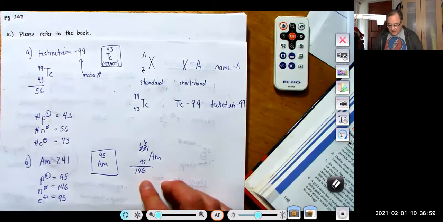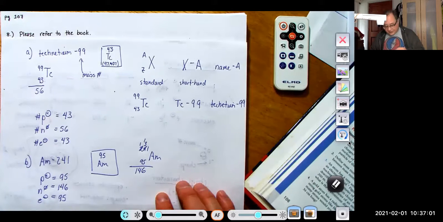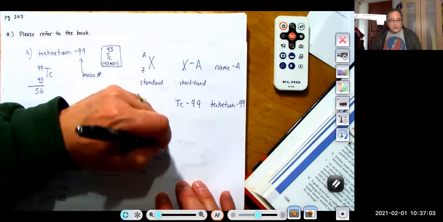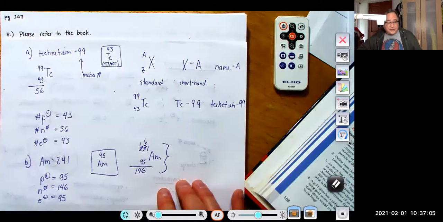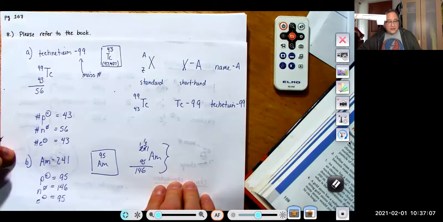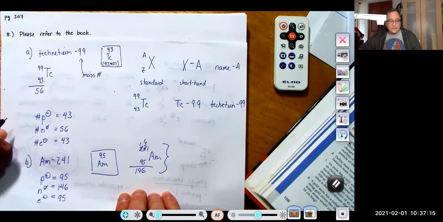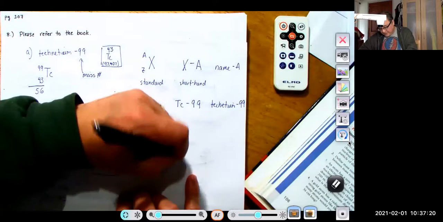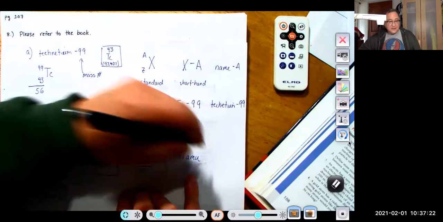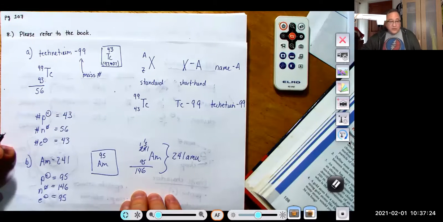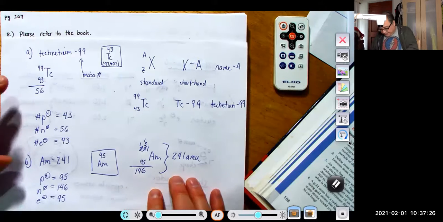So there we go. Now, this is not a trick question. How much does that weigh in atomic mass units? 241. Now, in chemistry, we do a lot of abbreviations.